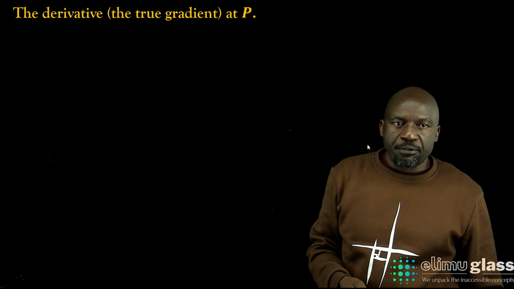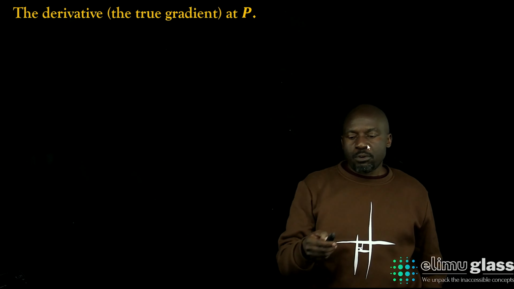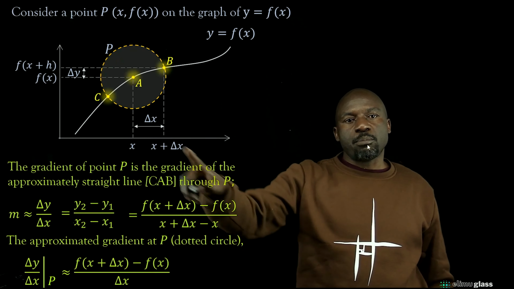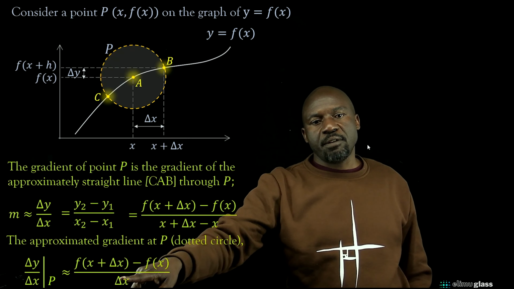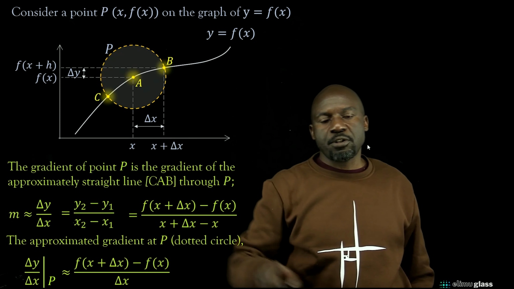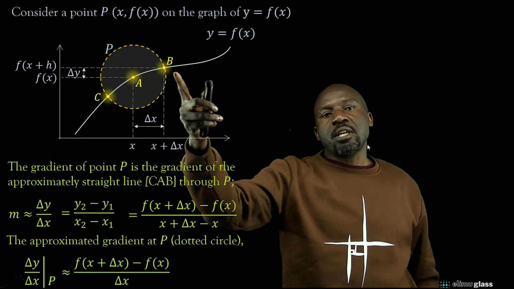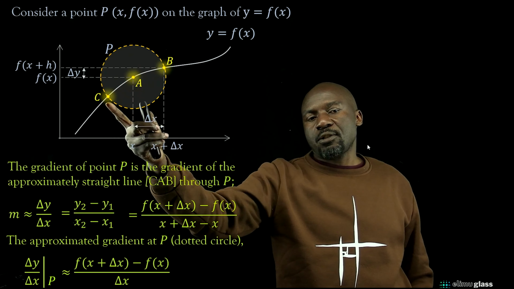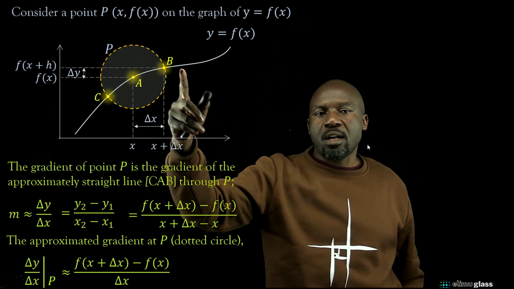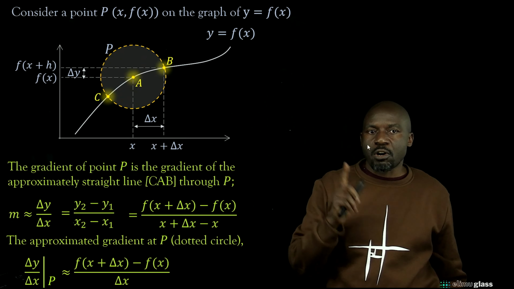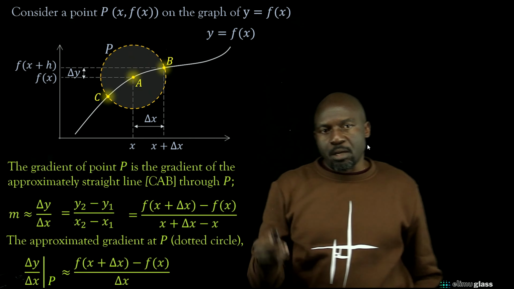The derivative at point P. So we've looked at the approximate gradient at point P, and we've seen that it is given by that. We call that an approximate gradient. Why? Because as you can see, CAB is not exactly a straight line. So we cannot talk of the gradient of a curved line. We can only talk of the gradient of a straight line. Okay?